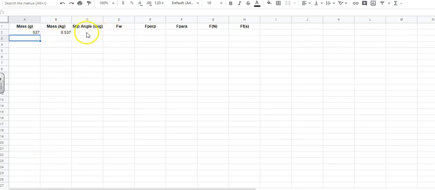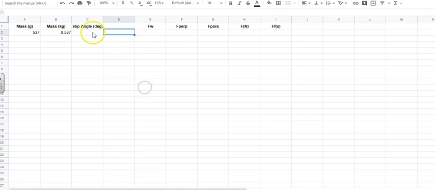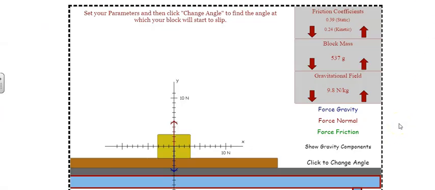Actually, before we go on, I'm just going to put in another column and make it the slip angle in radians. I'll just do one measurement just to show you what we're going to do in terms of converting the angle from degrees to radians.